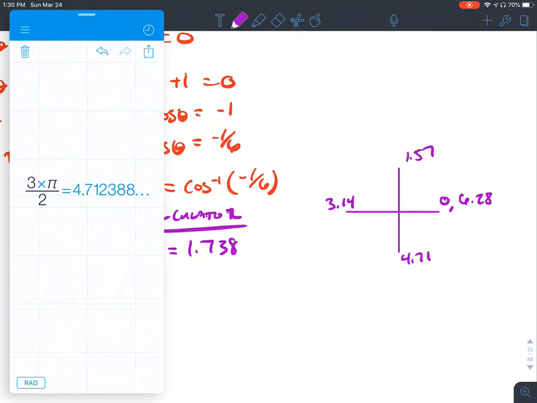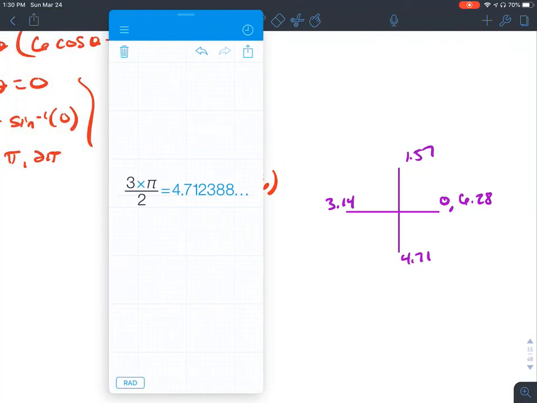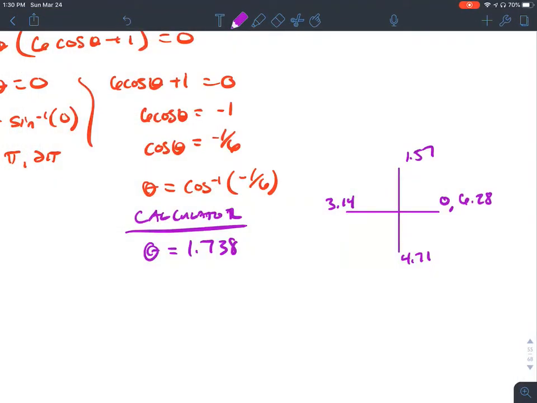So where does the angle that we have, 1.738, fall? Well, that's going to fall in quadrant 2. Now that actually is an answer. But what does that make the reference angle?